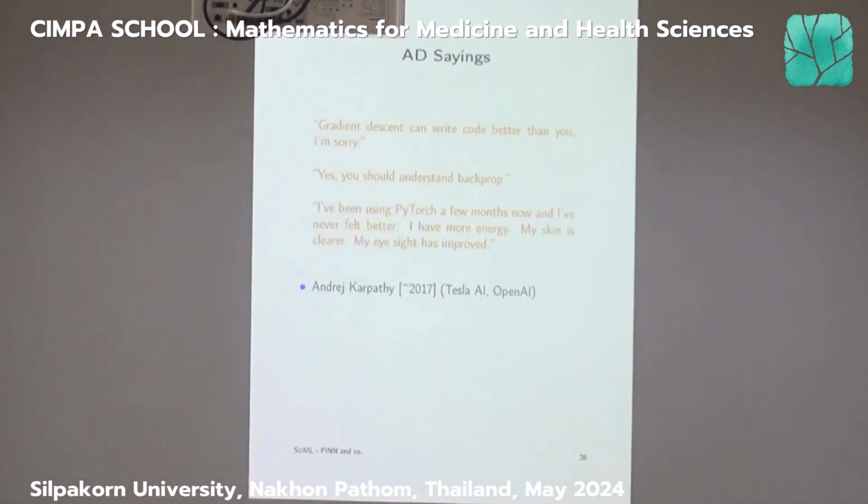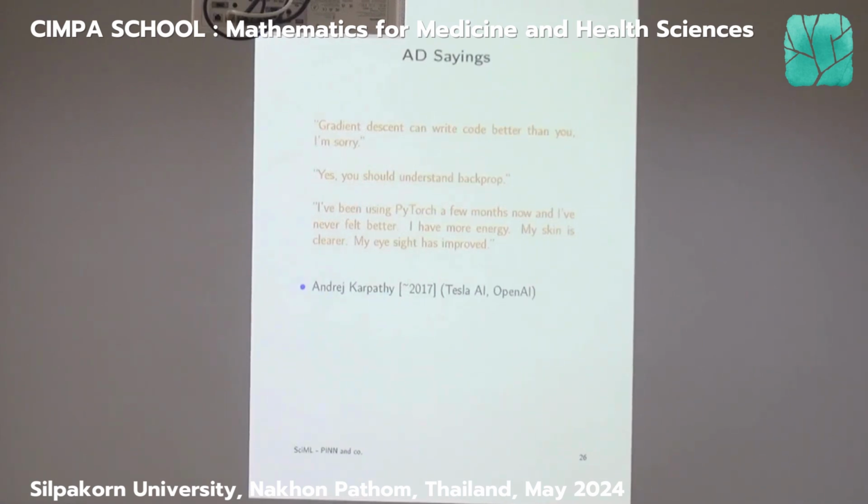So there's just three things I want to say. This guy, Karpathy, is a very well-known researcher. He worked for Tesla. He was responsible for all the AI of Tesla. And recently he joined OpenAI. So he said, gradient descent, he means autograd, automatic differentiation, can write better code than you. I'm sorry.